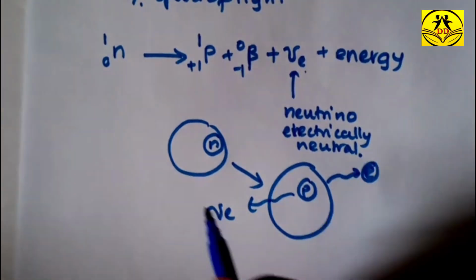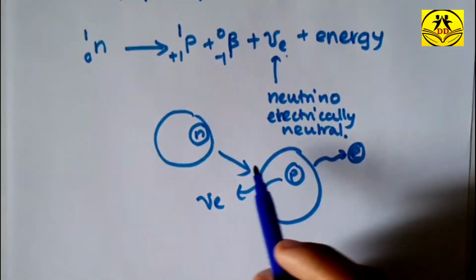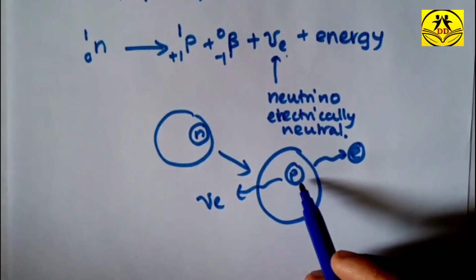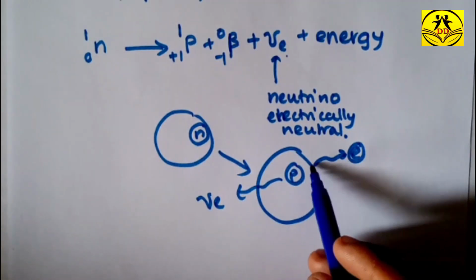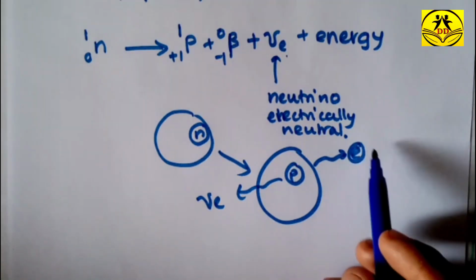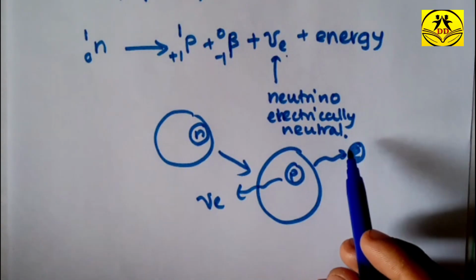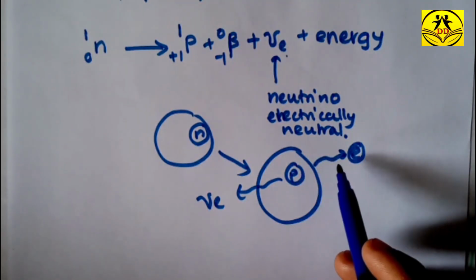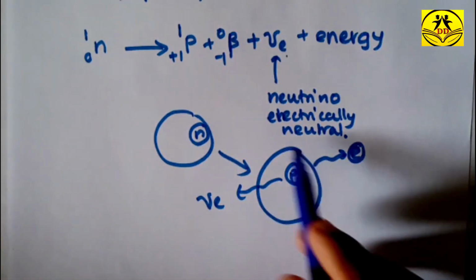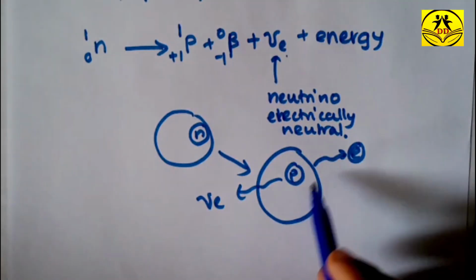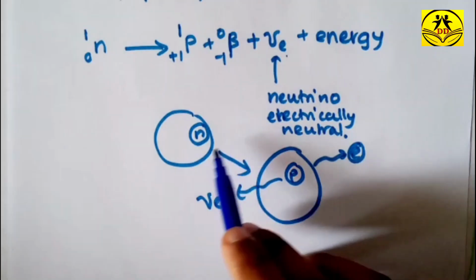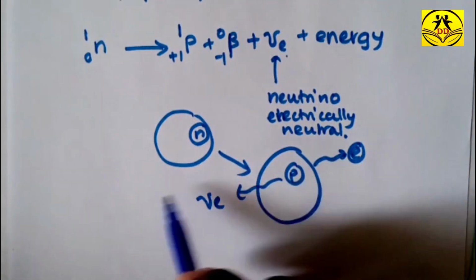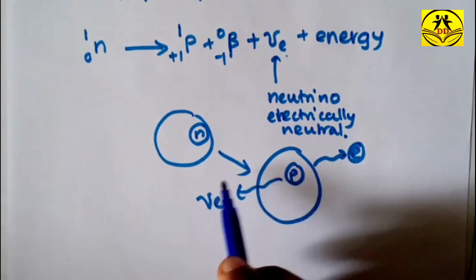Inside a nucleus, a neutron will be converted to a proton, and an electron will be emitted with kinetic energy. The initial momentum is 0, so to balance the momentum, an equal mass particle will be ejected to the opposite side.